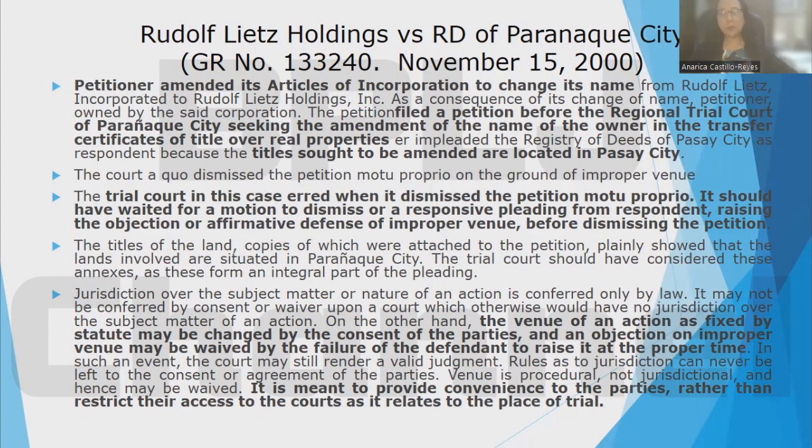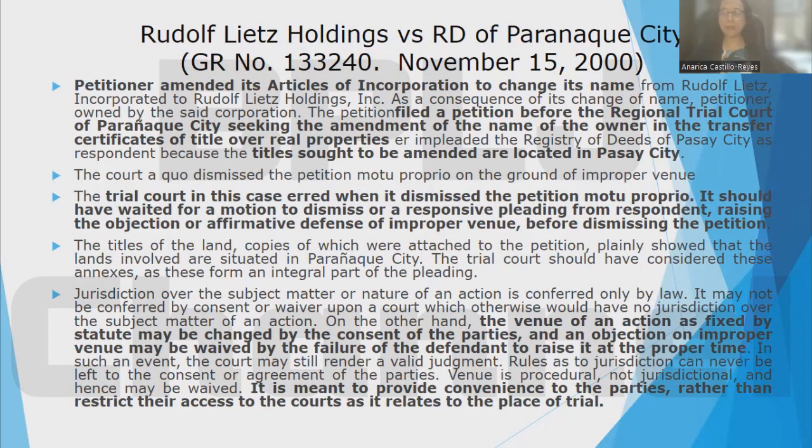However, the Supreme Court said the trial court erred when it dismissed the petition motu proprio. It should have waited for a motion to dismiss or a responsive pleading raising the objection of improper venue before dismissing the petition.